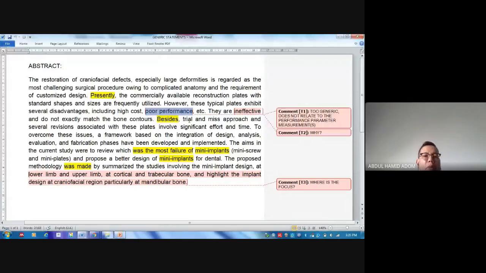For example, you talk about accuracy, how accurate the system is. Is it 90%, 91%, 92%, or whatever? So when you talk about poor performance, it's very generic, and it's very difficult for the reader to relate what is poor performance, what is good performance, and what is very good performance.